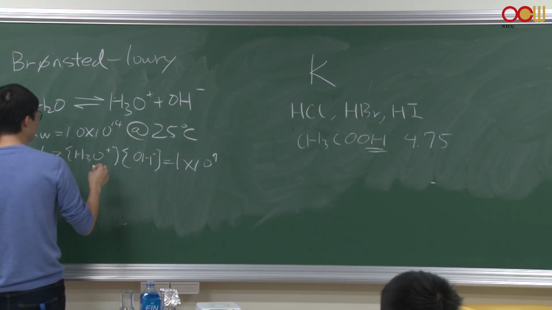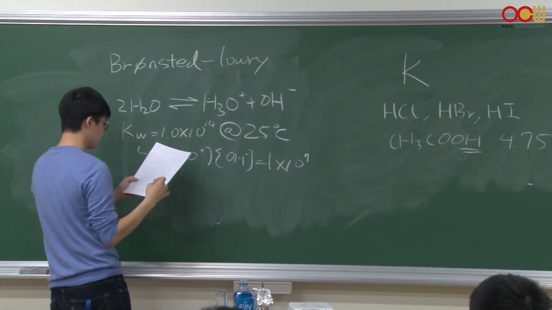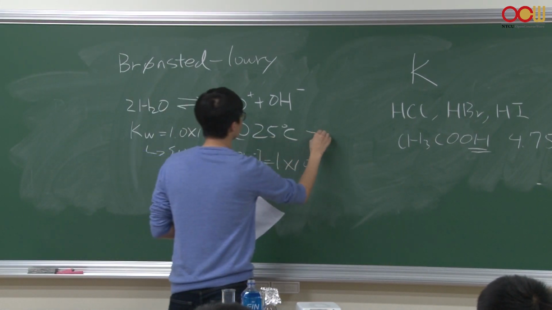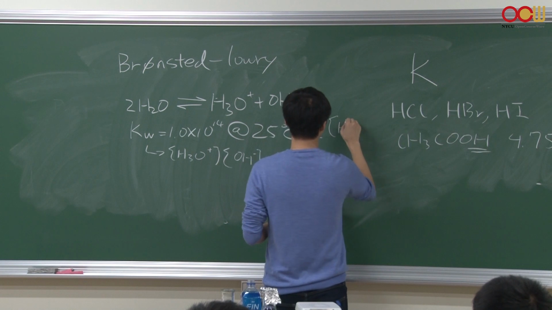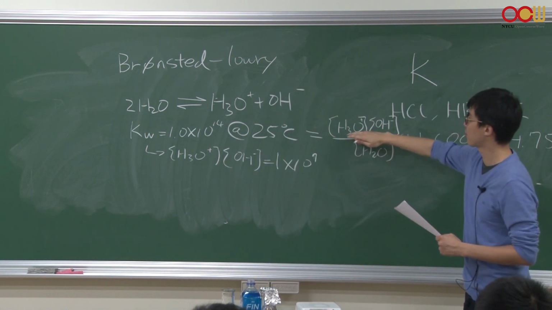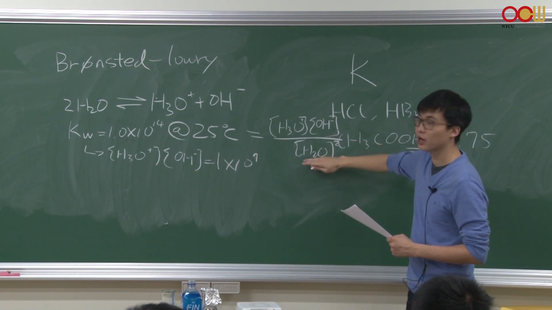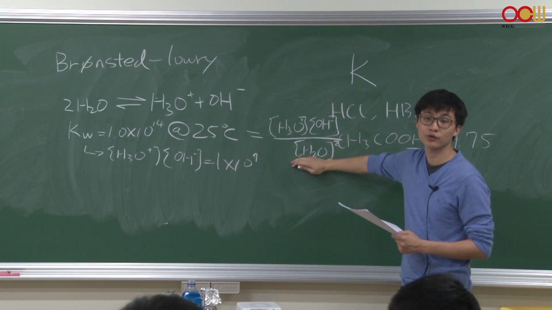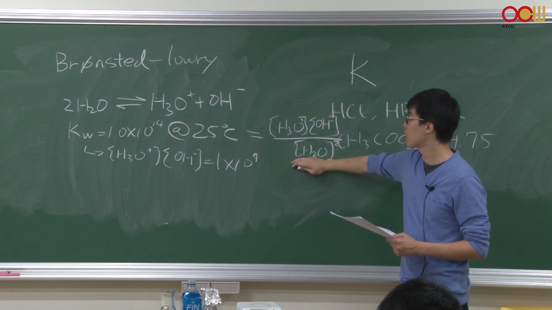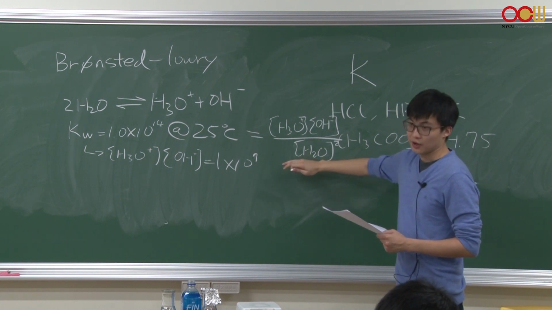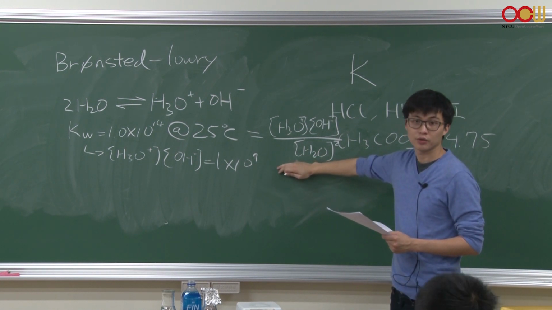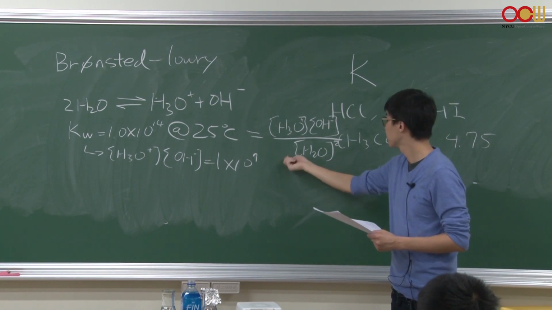All right, so we can describe Kw with the amount of hydronium ion and hydroxide ion, okay? And we talked about previously, when you're writing a reaction quotient or equilibrium constant, if it's a liquid or solid, it's not something we concern because these things don't change, okay?